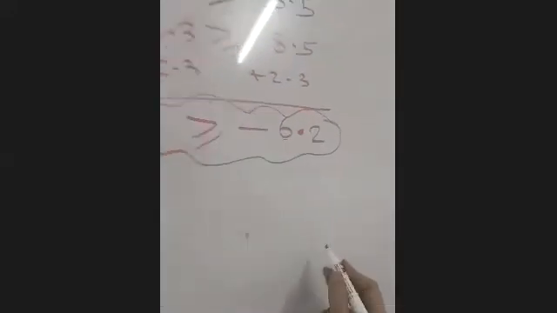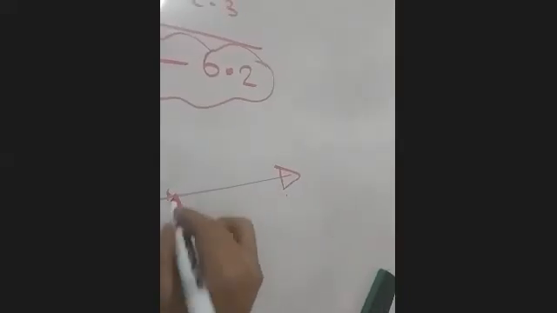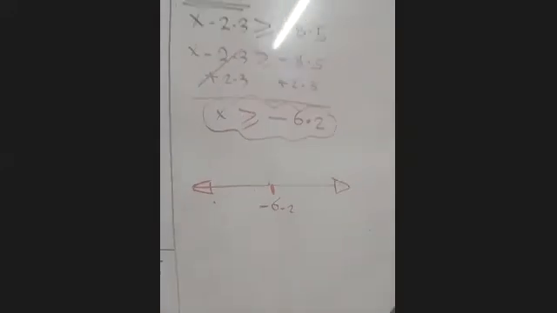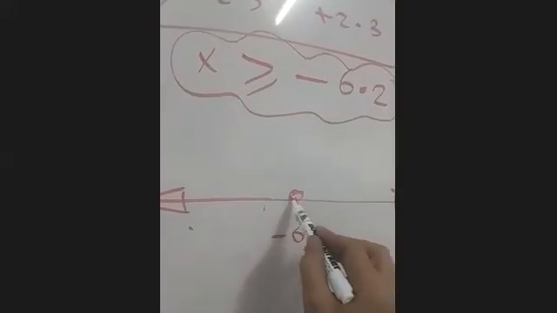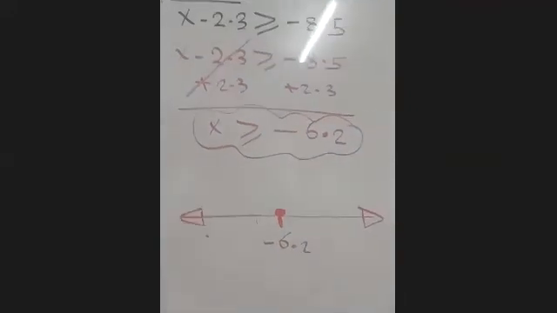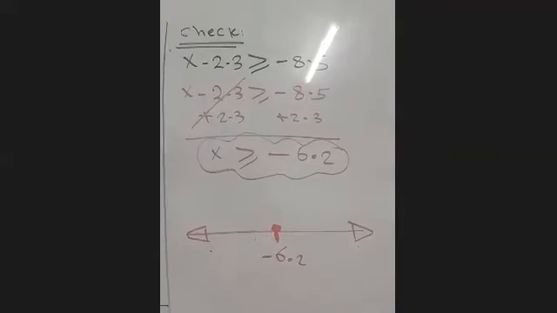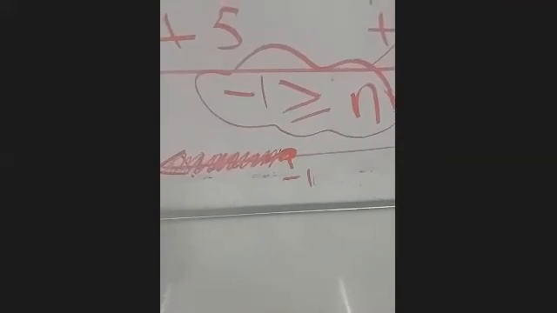Now in part B, we will graph the solution. Here is negative 6.2. Now, open or closed circle? Closed. Read the solution. x more than or equal negative 6.2. And read this one. n less than or equal negative 1.